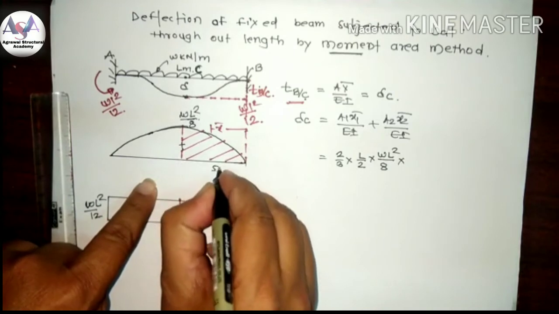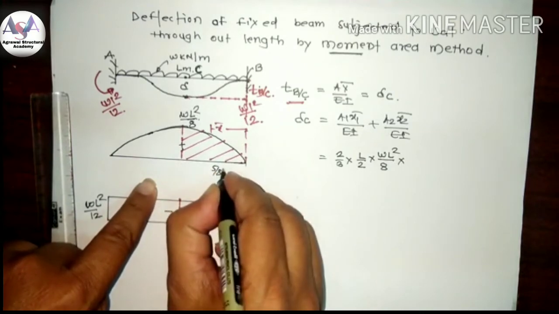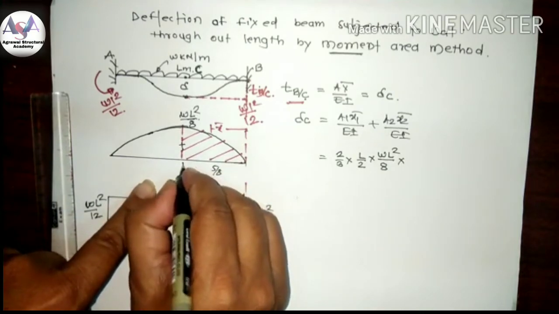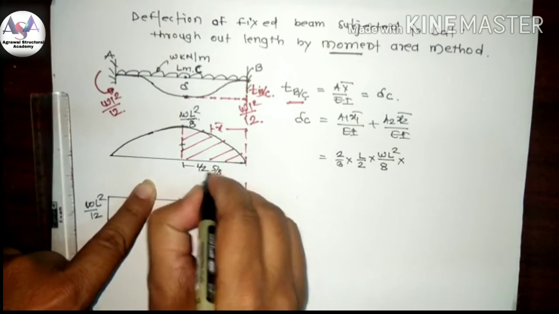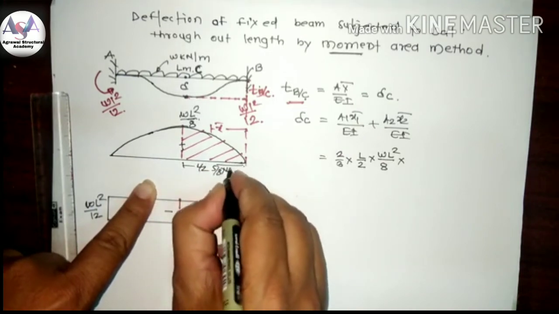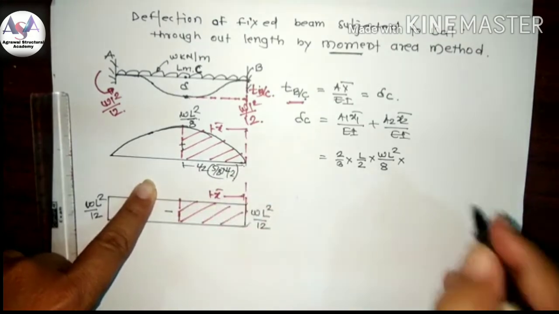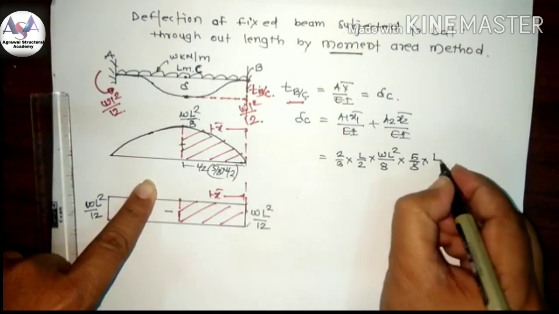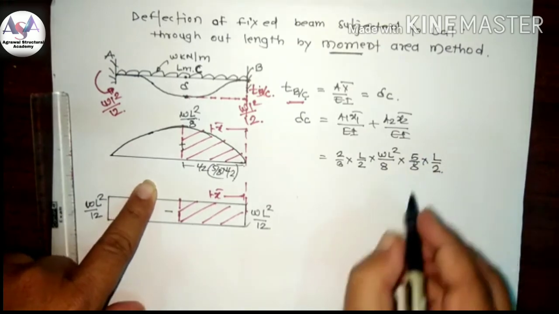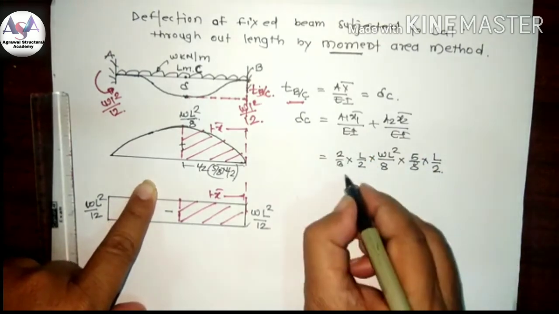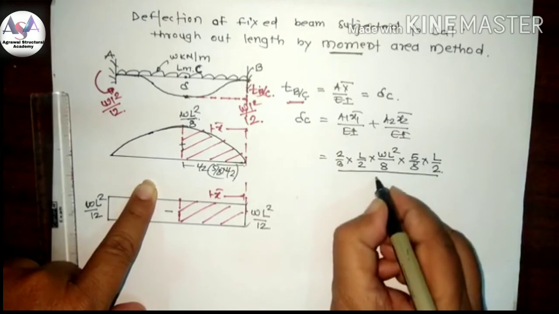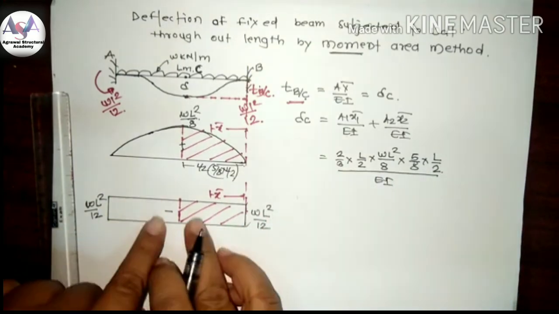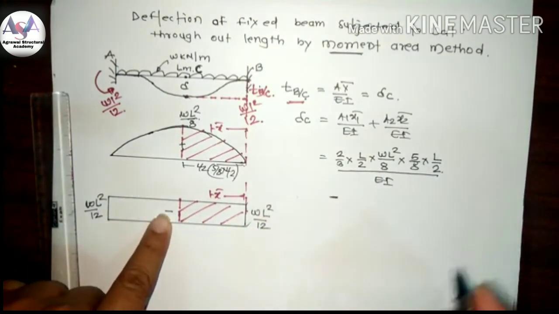This length is L by 2, so it is 5/8 of L by 2. This total is divided by EI. Then this diagram is negative, so the sign is minus.